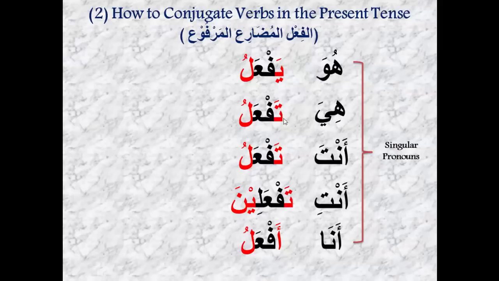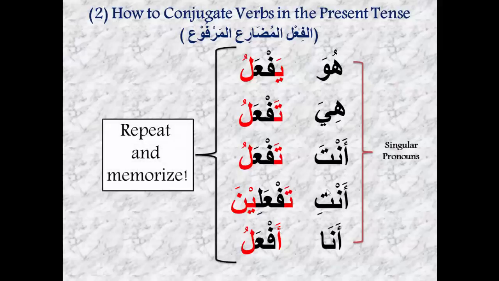And the ana has a hamza. Ana af'alu. And notice how we have the lam with a dhamma for huwa, hiya, anta, and ana. Yaf'alu, taf'alu, taf'alu, af'alu. And then for anti, we have a longer form, taf'alina. So please repeat and memorize this. Huwa yaf'alu, hiya taf'alu, anta taf'alu, anti taf'alina, ana af'alu. Just like that. Repeat and memorize.